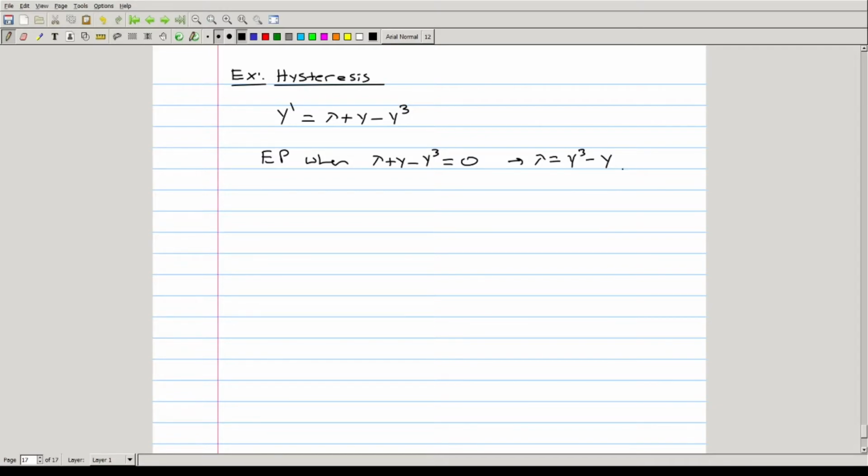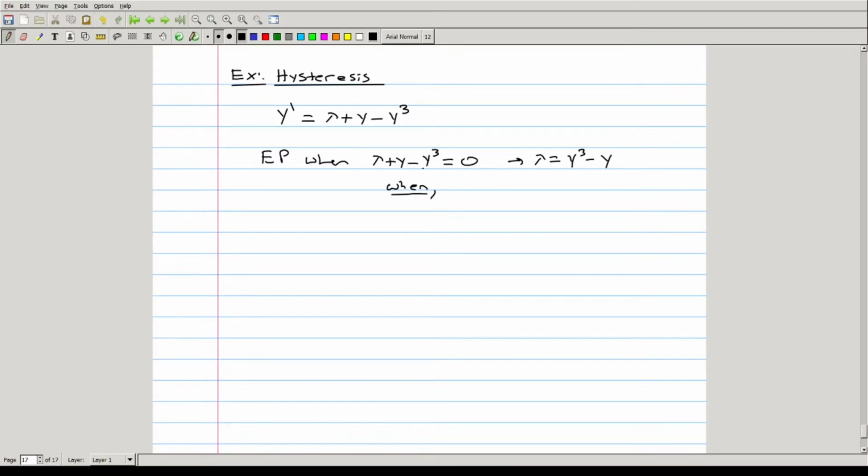And there is a cubic equation that we can use to solve exactly for y in terms of lambda, but it's a little bit complicated to use, so I'm not going to use it here. I'm just going to note that for special values of lambda, we can solve this exactly, very nicely. So if you want to go through and use the cubic equation here, you're welcome to do so. However, it's going to get a little bit complicated.